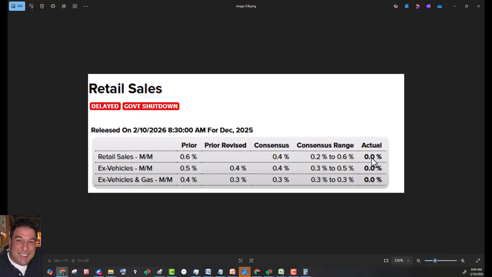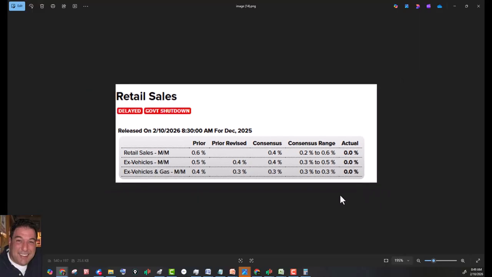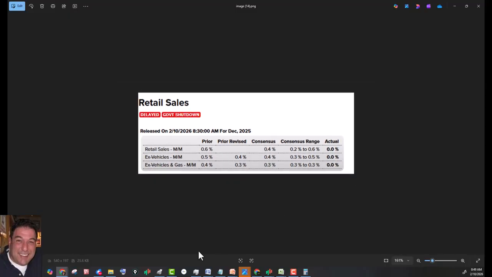The actual was zippo. We got misprints here, or what? Did they not do their job, or any idea what happened there on the retail sales? I don't expect you to know, but wow, they missed the boat on that.